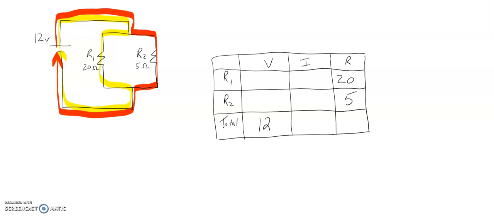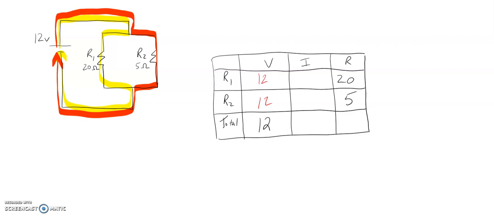Another piece of information about parallel circuits. We can get into the parallel rules in a second, but parallel resistors, like R1 and R2, since they are parallel to the battery, they are both going to have the same voltage as the battery. So R1 and R2 are both going to have 12 volts of potential across them.